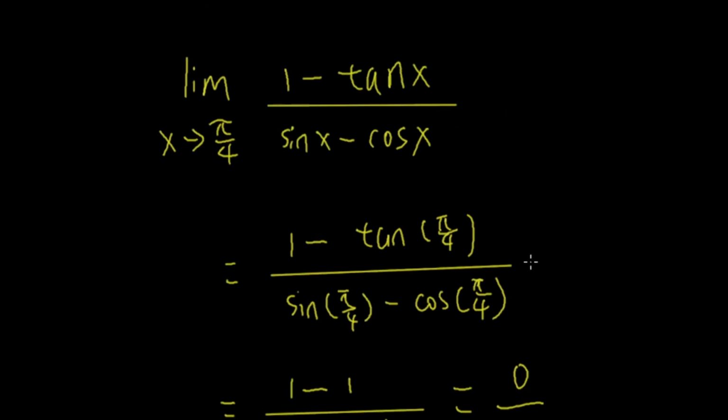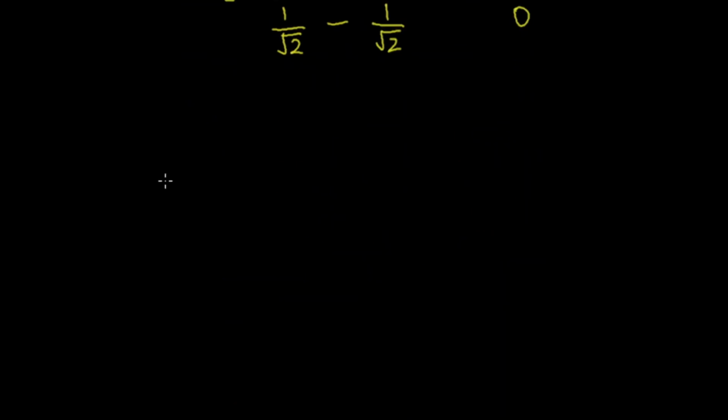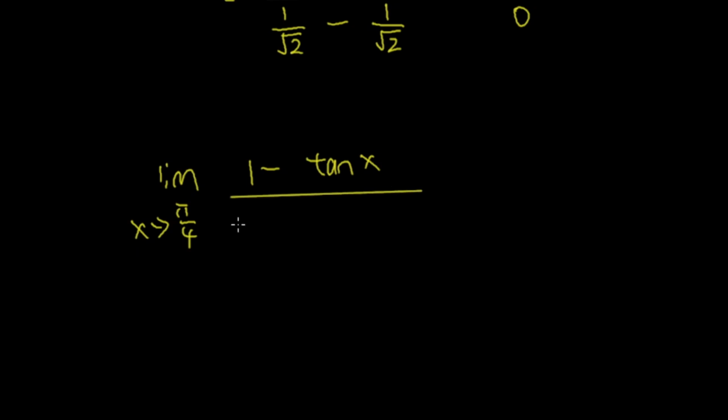Okay, so what do we do? Now, first of all, what we have to do is maybe just try to rewrite the trigonometry identity and see what we can do, right? Okay, so here, limit as x approaches pi over 4, 1 minus tangent x over sine x minus cosine x.